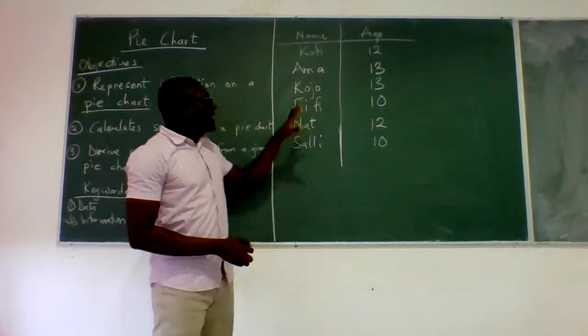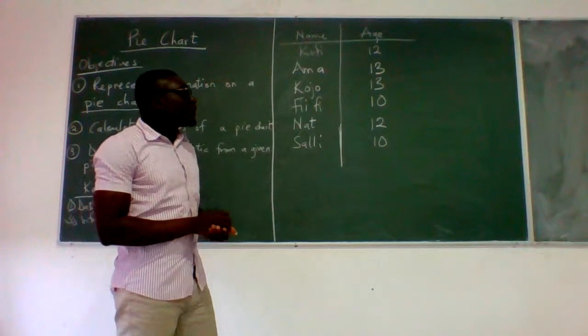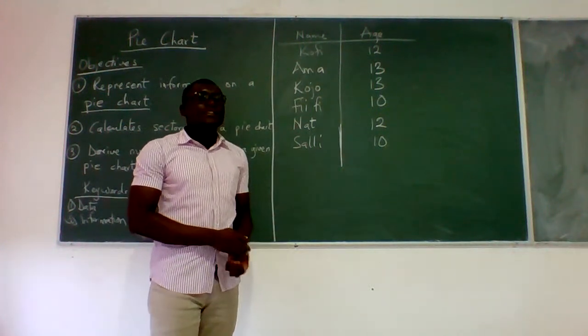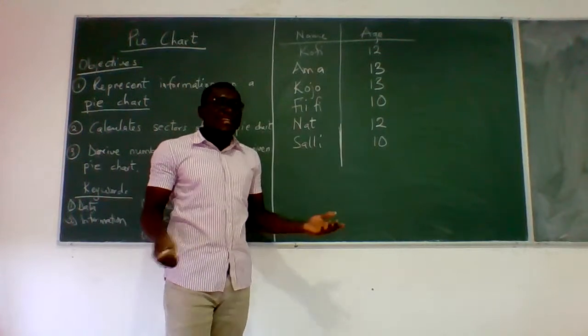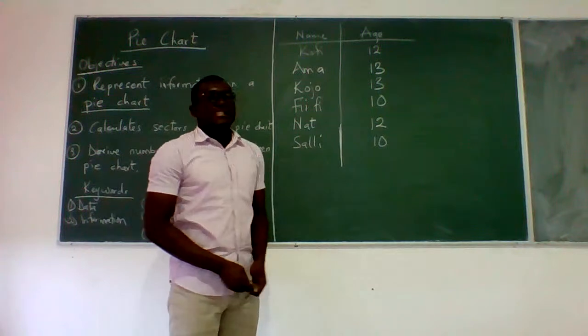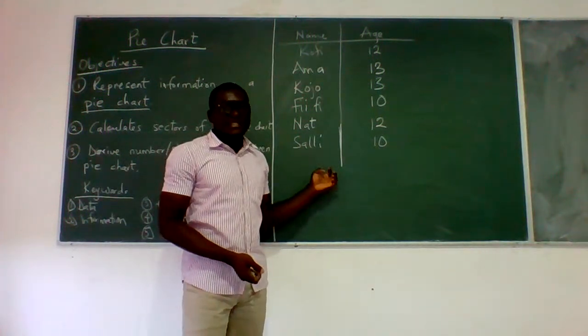So this you see on the board is data, because it is just the raw thing that I am taking from them. I haven't organized it. I haven't done anything to it. They're just telling me their ages and I'm just putting it down. So something like this is what you call data.